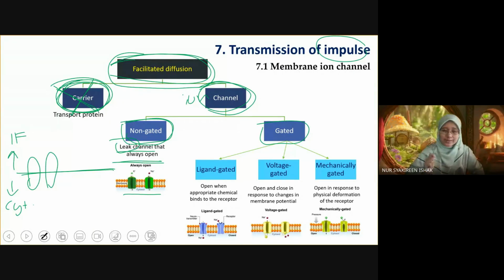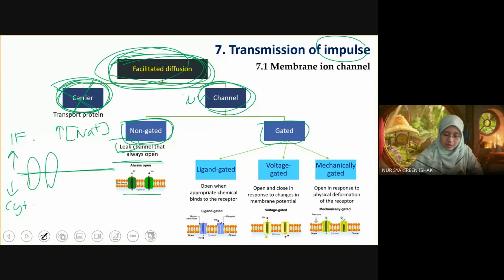Let's say outside the cell the concentration of sodium ion is high. Because it is facilitated diffusion, it causes the sodium ion to enter into the axon of the neuron.